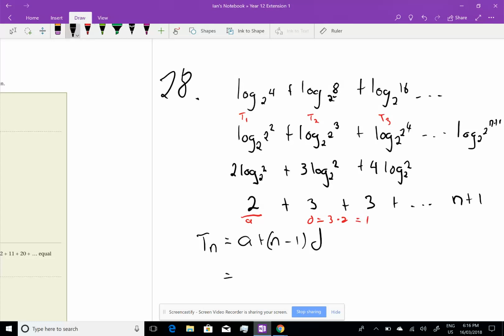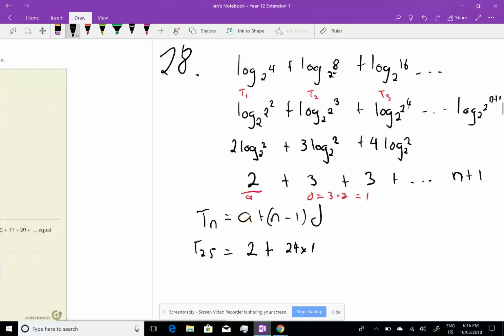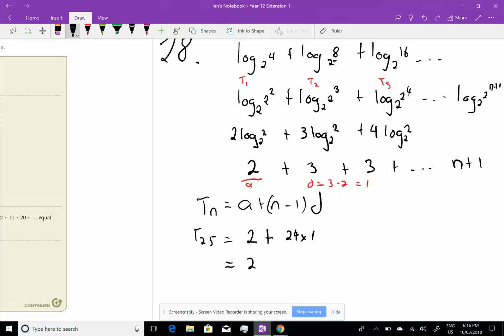So I get 2 plus, for T of 25, 24 times 1, which equals 26. I could have jumped to it though. Here's T of n, it's n plus 1. I could just go, well, T of n equals n plus 1. So T of 25 equals 25 plus 1, 26.